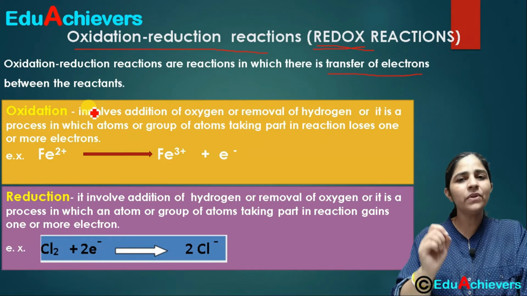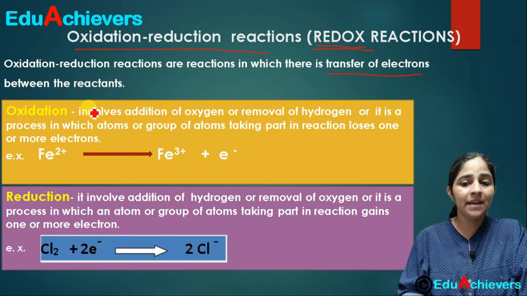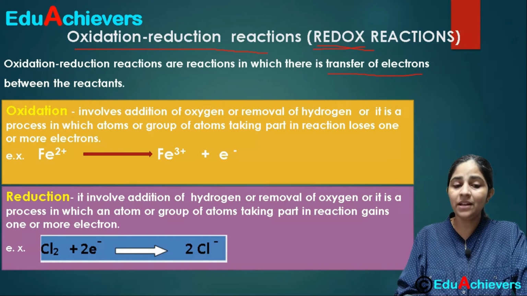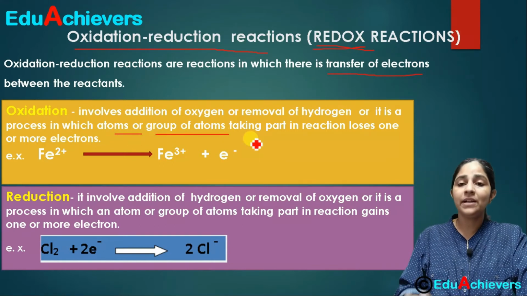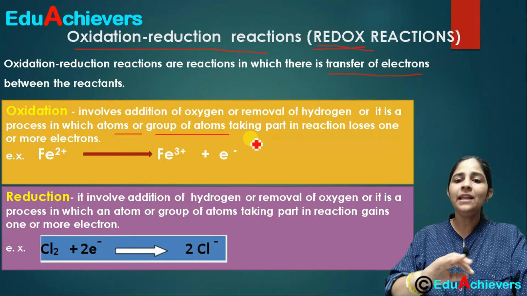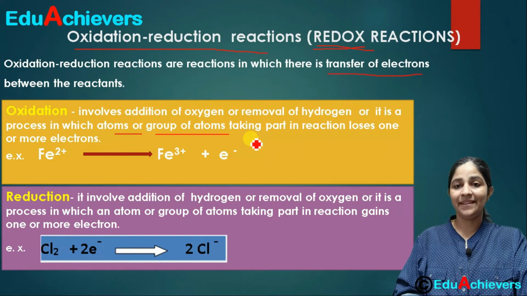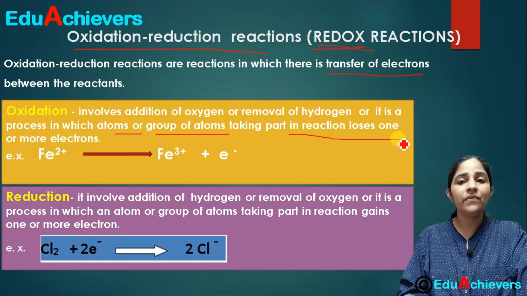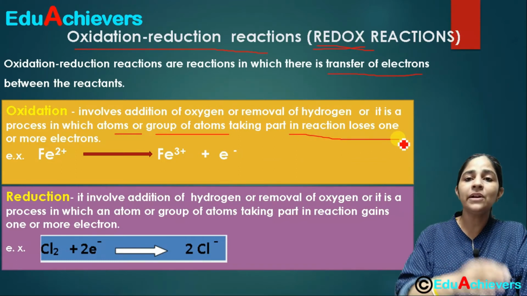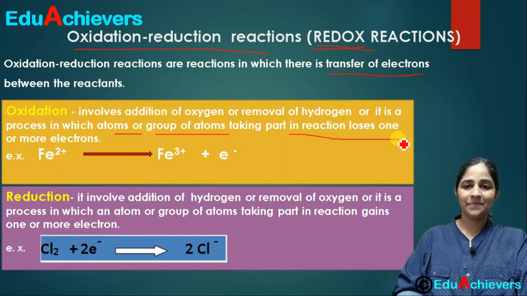And in terms of electrons, it is a reaction in which an atom or group of atoms taking part in the reaction loses electrons. Okay, oxidation is a reaction in which the reactants lose electrons.